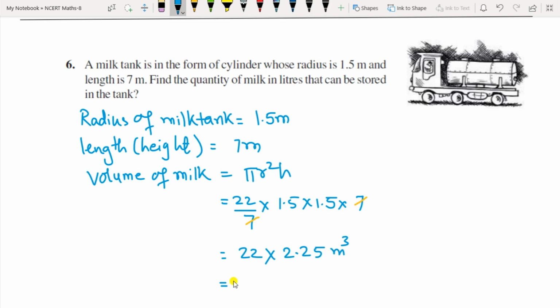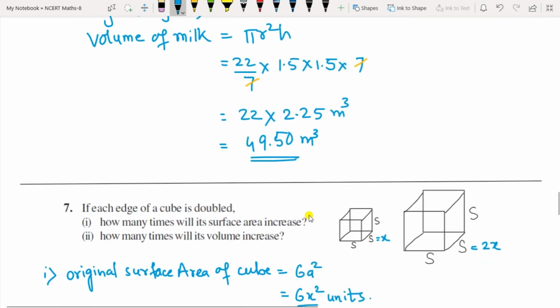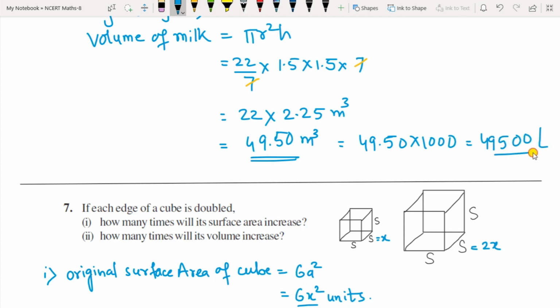So that will be equal to 49.50 meter cube. Now they are asking in liters. So it will be 49.50 multiplied by 1000. It will be 49500 liters. This is the answer.